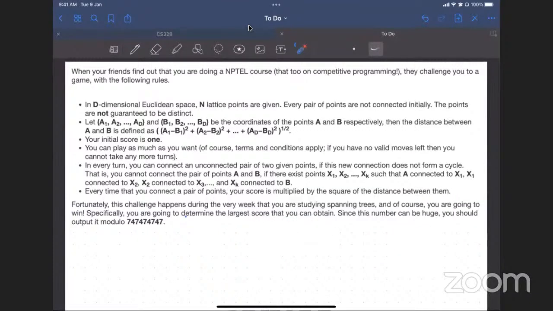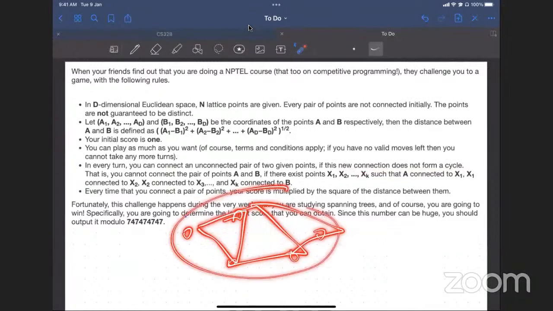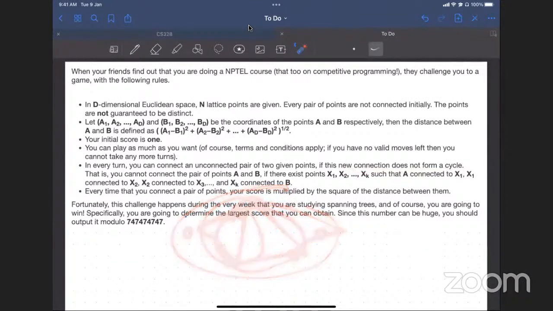And you can connect them as long as the new connection does not form a cycle. Once you have these points, you cannot connect them in this manner, or this manner, or this manner, because you will get a cycle.